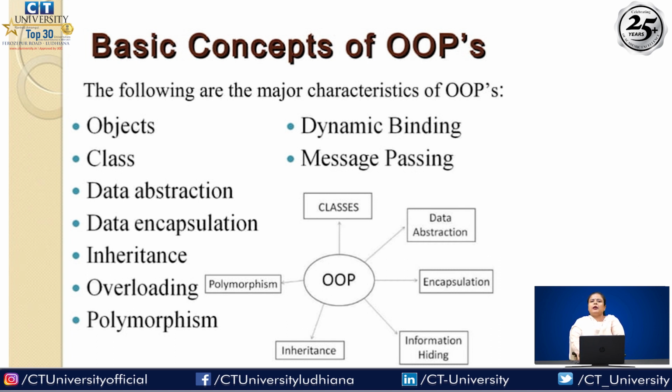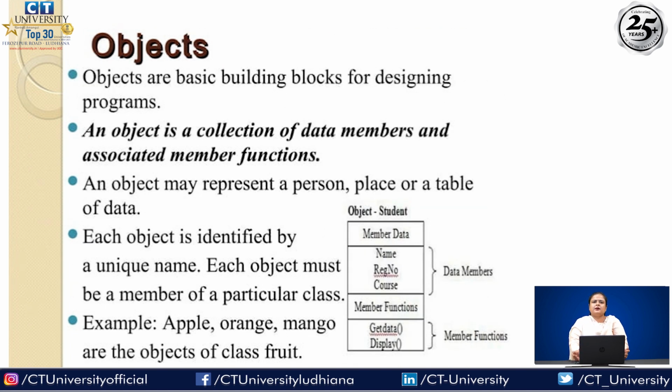For making any concept in OOP programming, the first basic building element is an object. Basically we can say that anything that has some real existence in the world is an object. To implement any data, to implement any function, to access any function, we need the object.